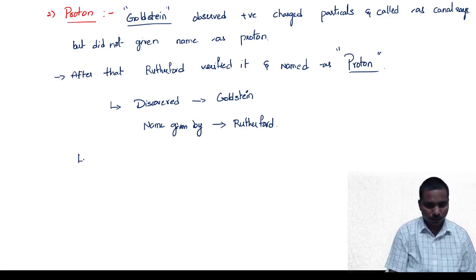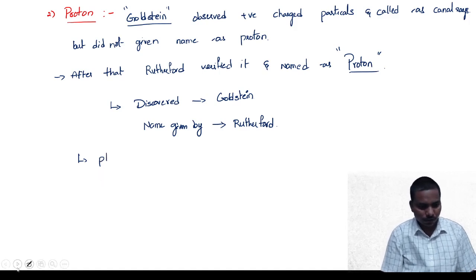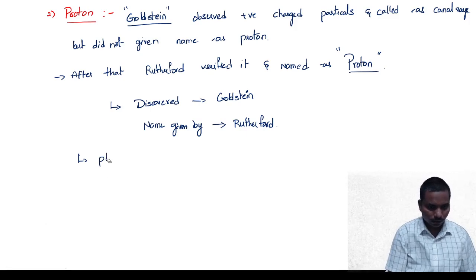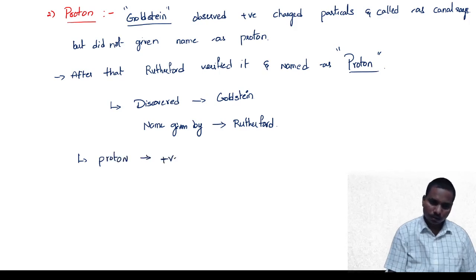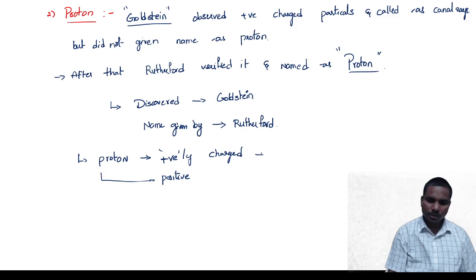And these protons have positive charge. Protons are positively charged. P for positive. The charge of a proton is plus 1.602 into 10 power minus 19 coulomb.